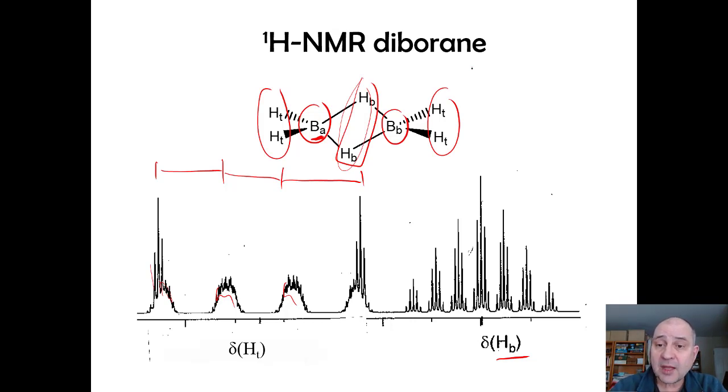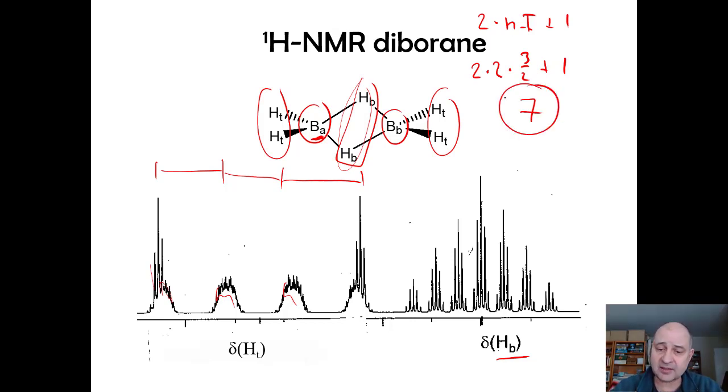They're chemically equivalent. That's two nuclei that these are split by. So then, just in case you forgot, it's 2nI plus 1. N is going to be equal to 2. I is still 3/2, and then plus 1, that would be 2 times 2 times 3/2 plus 1, that would be 7. So it would be a septet, and that's exactly what we see. That's this larger splitting here. This is going to be those 7 signals, 1, 2, 3, 4, 5, 6, 7.